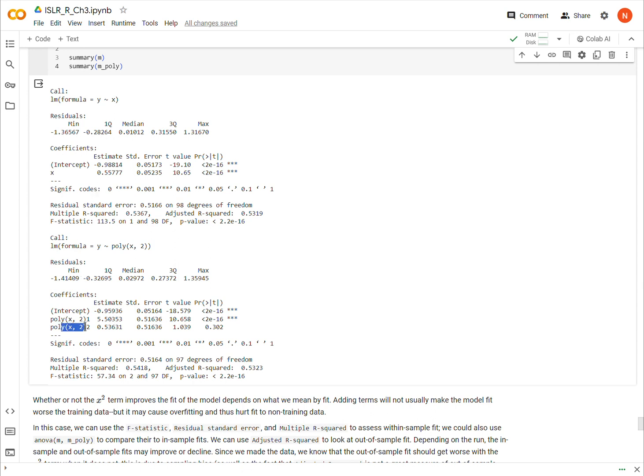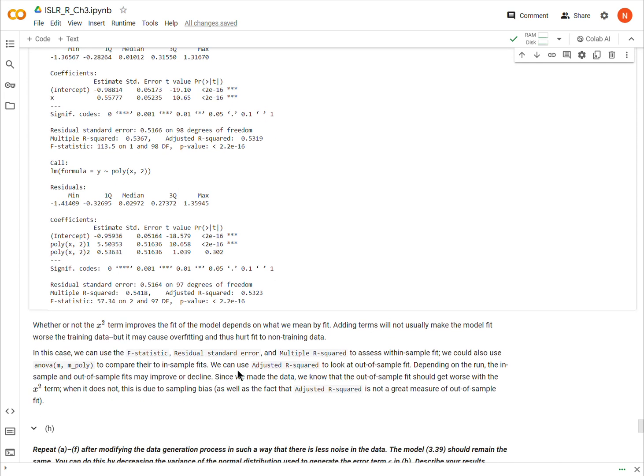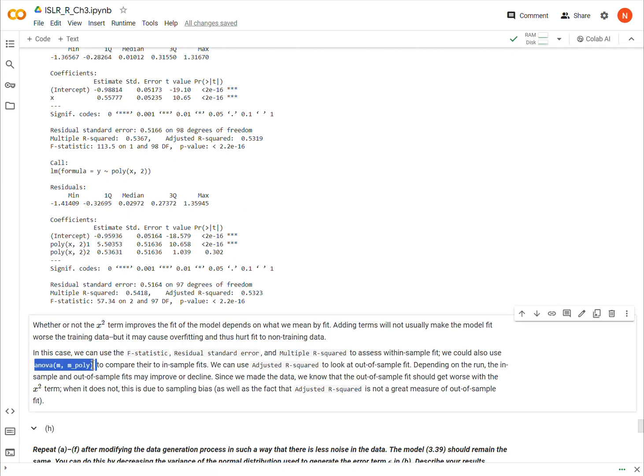So because we have one more term here, we have one fewer degrees of freedom here, and the F statistic is taking care of that. But we could also compare the two models using something like, I think I put it in here somewhere, ANOVA. And if the two models are significantly different, then we could say that one model was fitting the data better than the other.